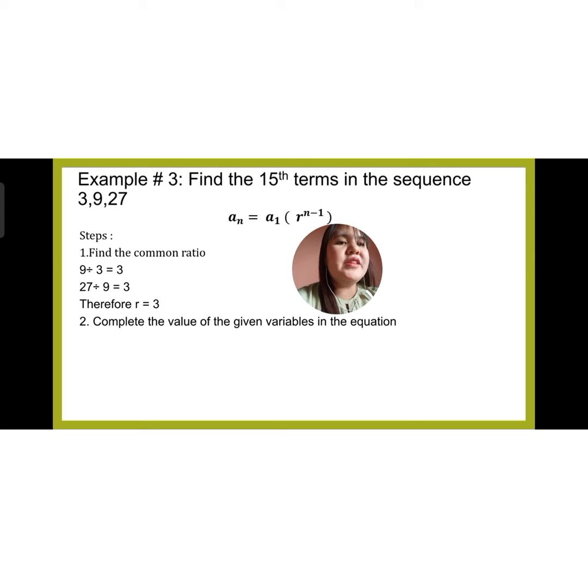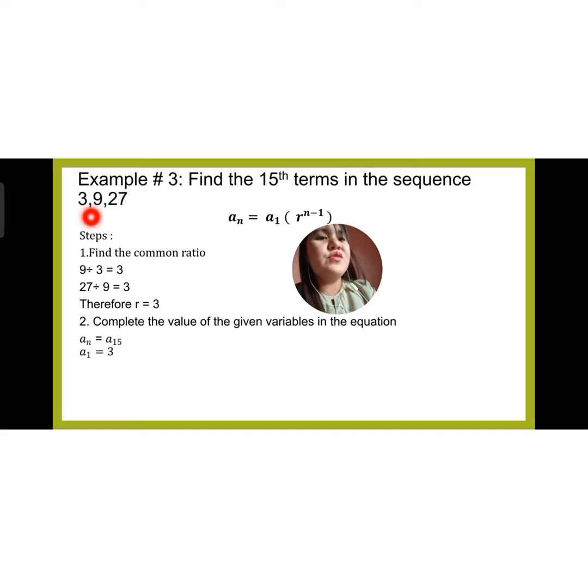Next step is to complete the value of the given variables in the equation. So, kumpletuhin natin itong given variable sa equation. So, yung a sub n ay equals to a sub 15, simply because yung n, pinalitan natin ng 15 dahil 15 terms yung pinahanap sa atin. Yung ating a sub 1, katulad ng sabi ko kanina, ay tumutukoy sa first term.